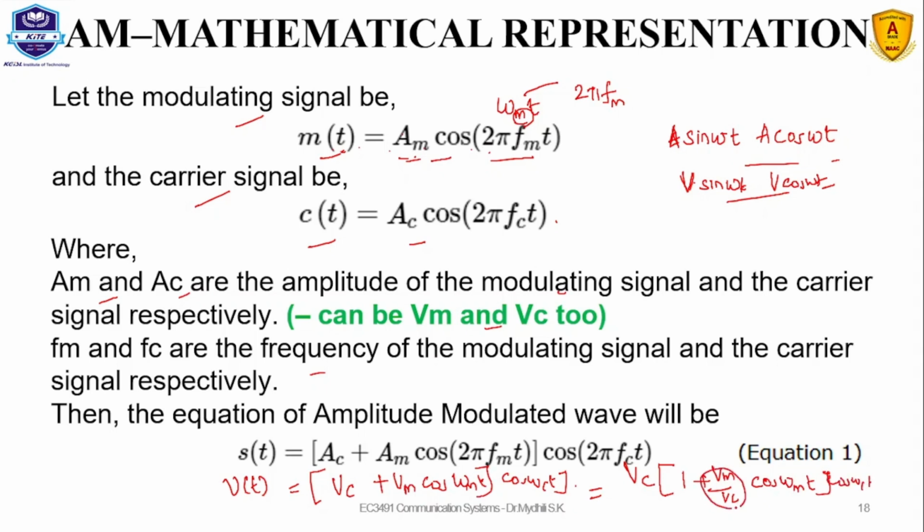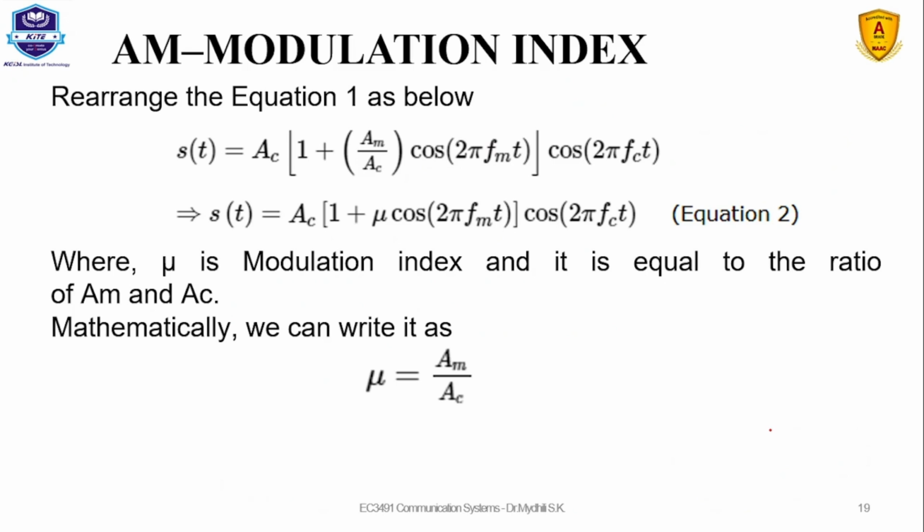So here, instead of Vm by Vc, I am going to use a new terminology called mu, that is, mu is nothing but the modulation index, which is simply represented as ma. So modulation index is the term represented as the ratio of Vm by Vc. The same equation I have rewritten, that is, instead of s of t I have written v of t.